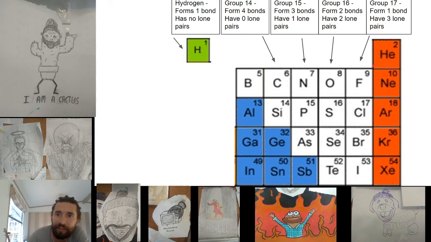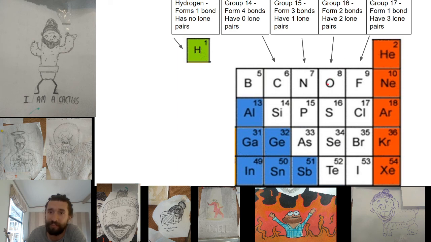All of these ones have 7 electrons in its outer shell. So it's going to have 3 lone pairs of electrons and then 1 unbonded electron. That one unbonded electron will form one bond. Move to oxygen. It's going to form 2.